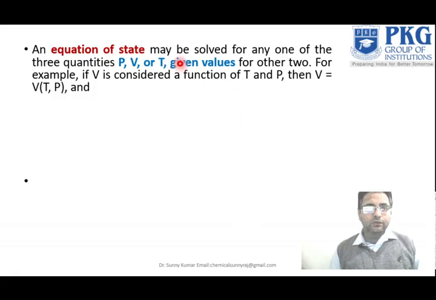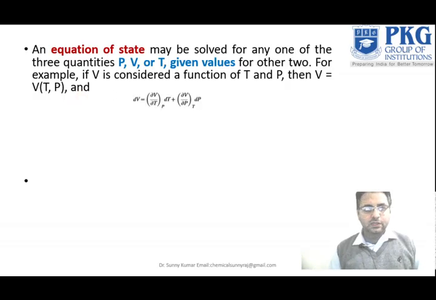An equation of state may be solved for any one of the three quantities, pressure, volume or temperature, given values for the other two. For example, if volume is considered as a function of temperature and pressure, then volume equals V of temperature and pressure.